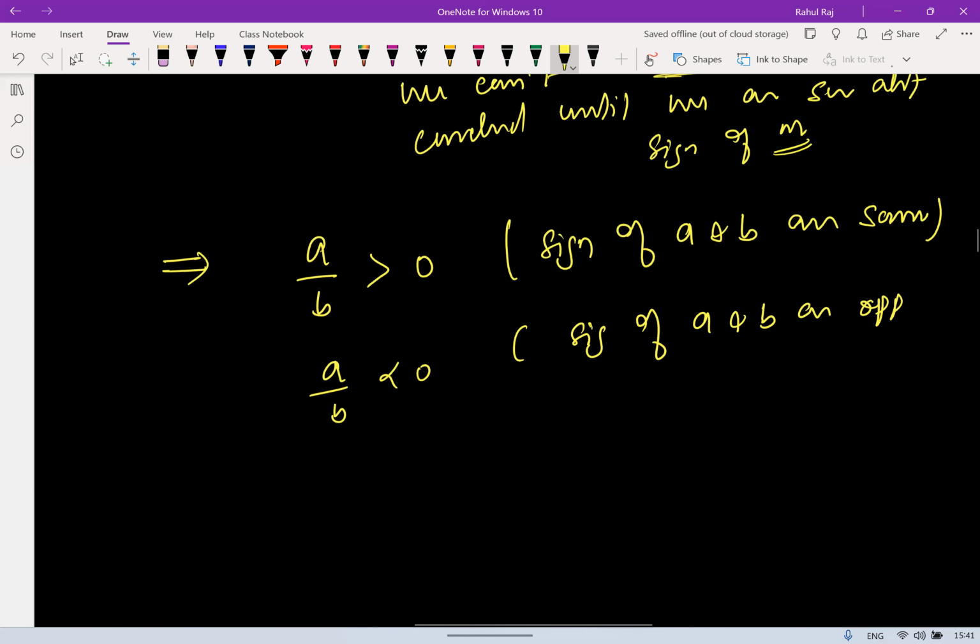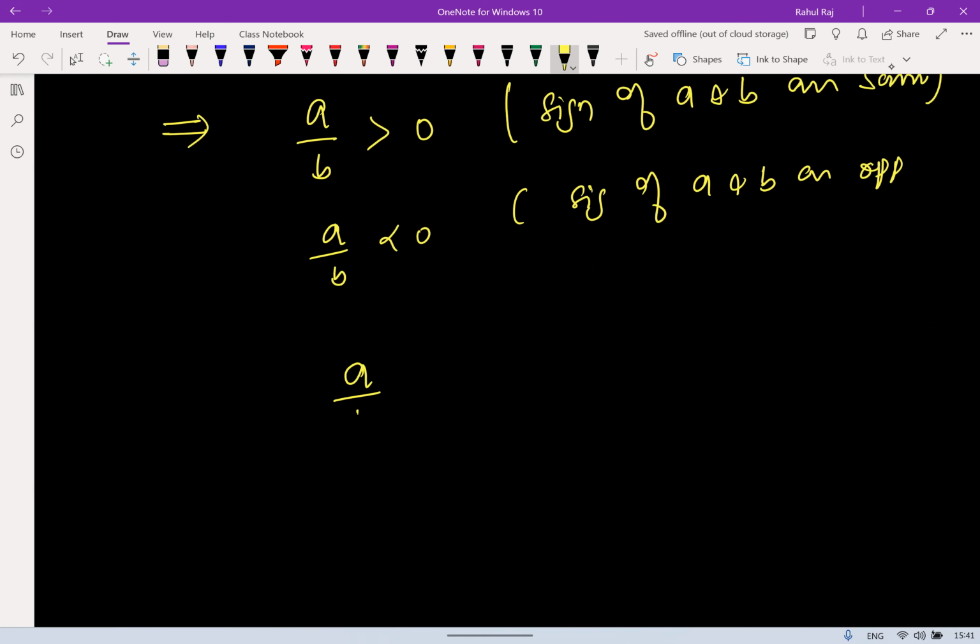Perfect. If I say A over B greater than 1, what do you mean by this? Please think. A over B greater than 1. A is greater than B, when? When both are positive. Simple logic.